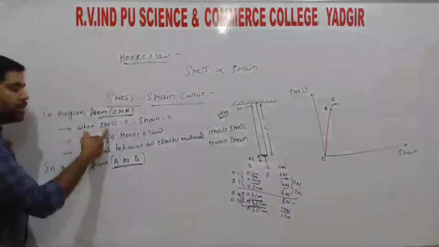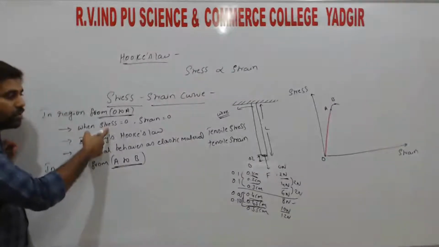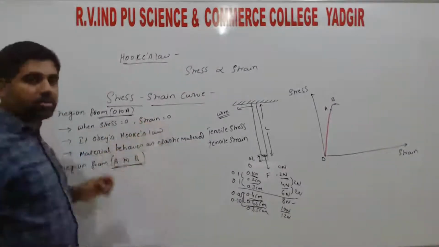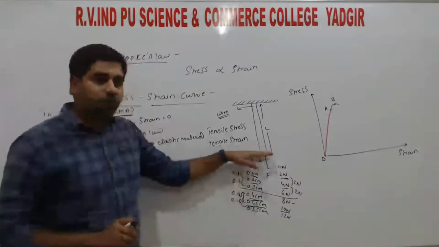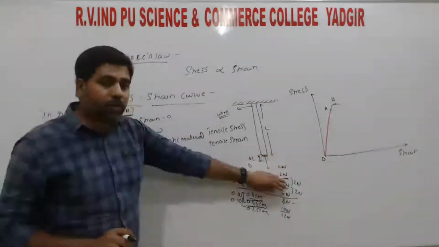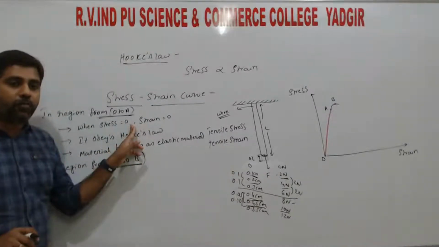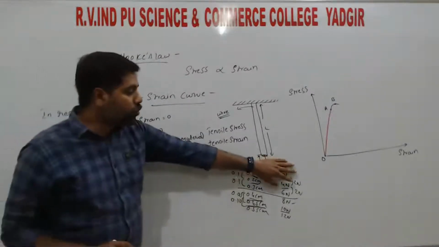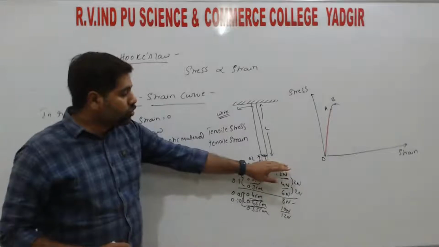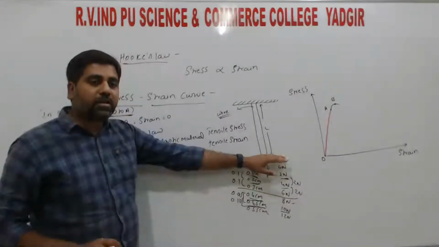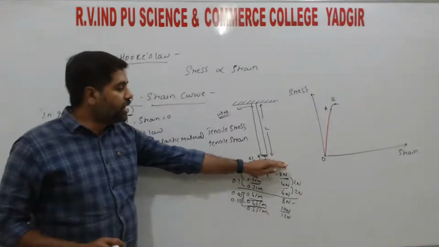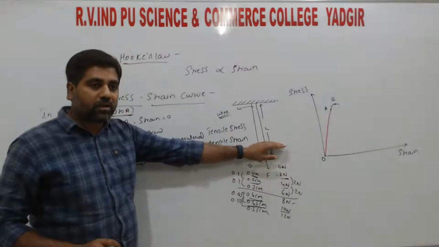When stress is equal to 0, strain also becomes 0 after removing the deforming force. So after removal of the deforming force, the increase in length, that is the change in configuration, will regain its original configuration, right?